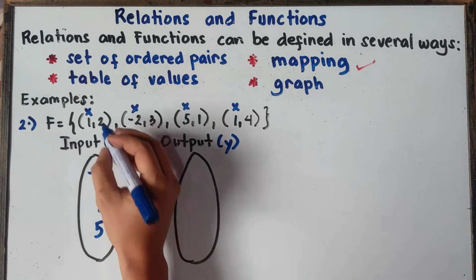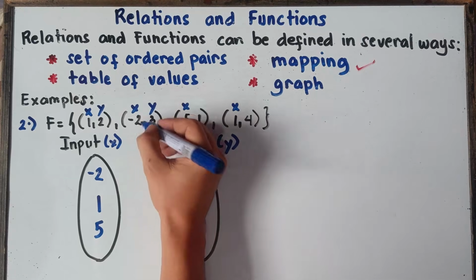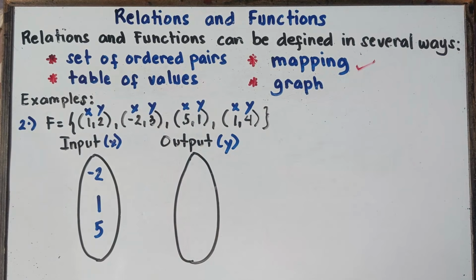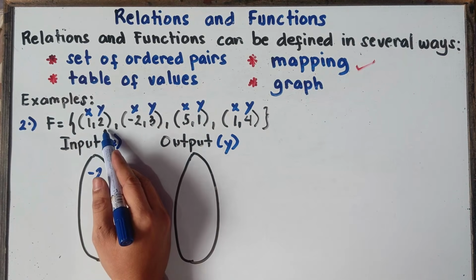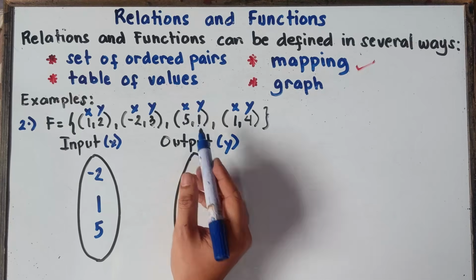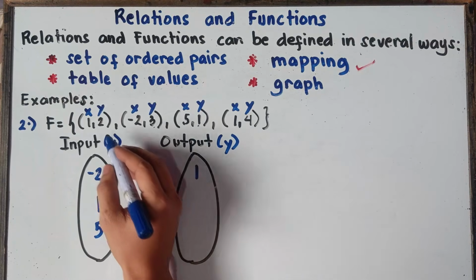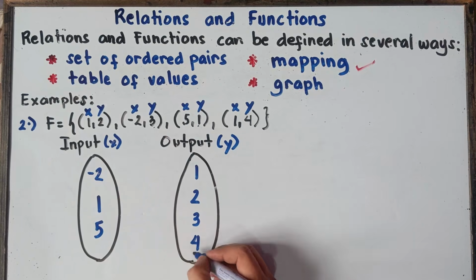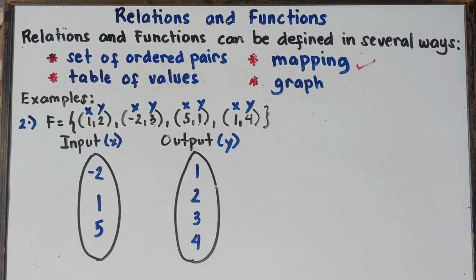And then for the Y values, we have 2, 3, 1, and then 4. So for the Y values, the smallest number is 1. Second will be 2. We have 3, and then 4. Alright, so check this one out, class.